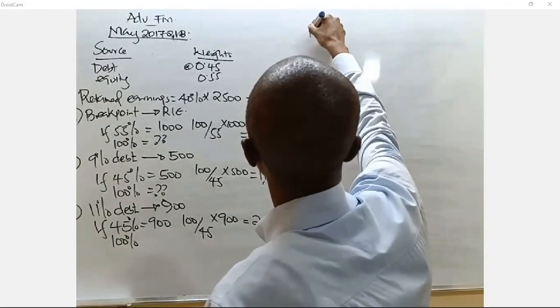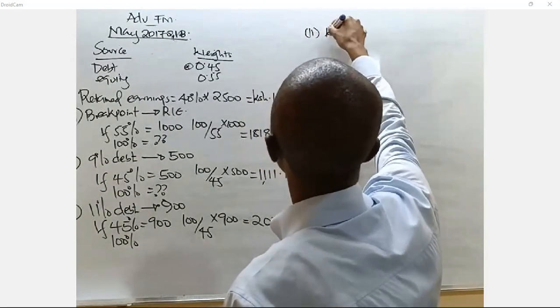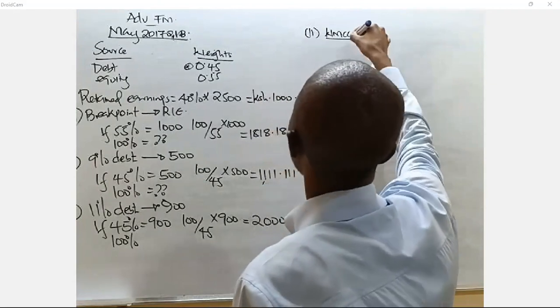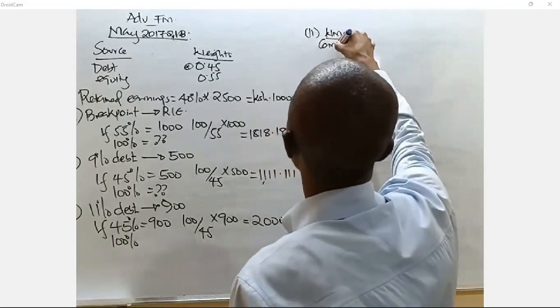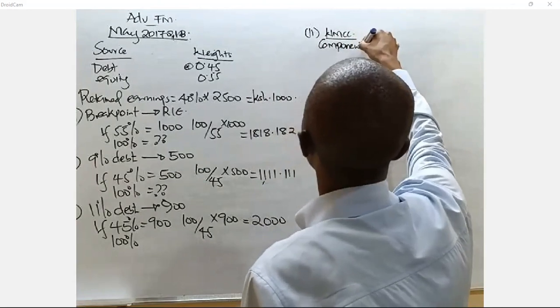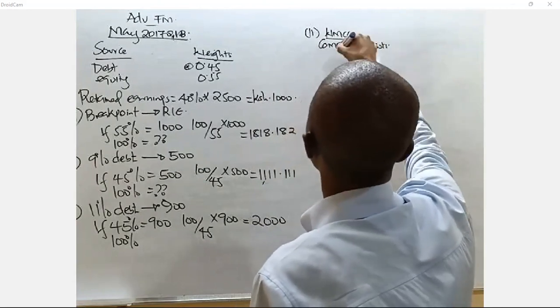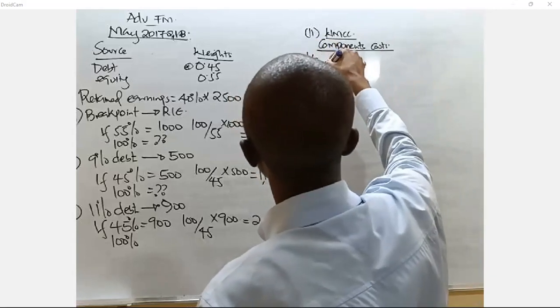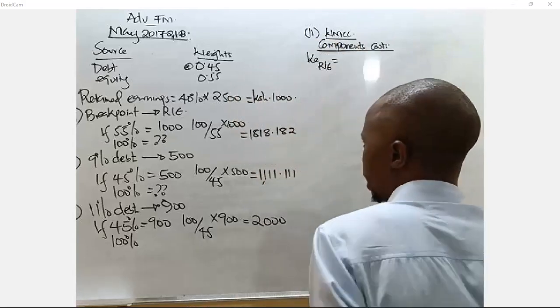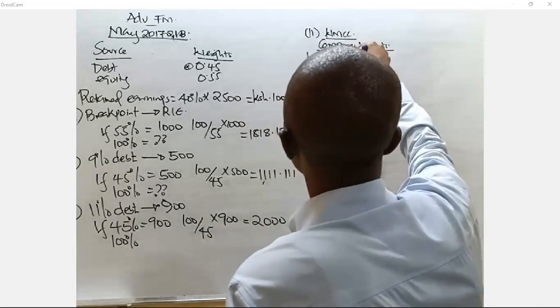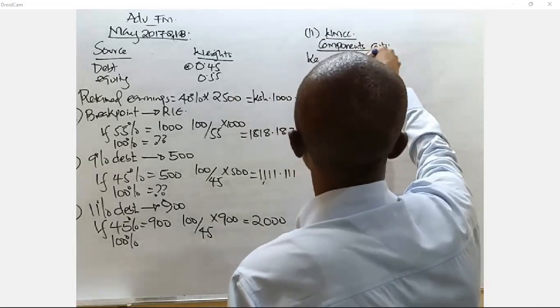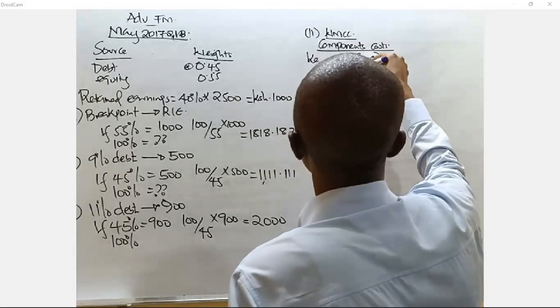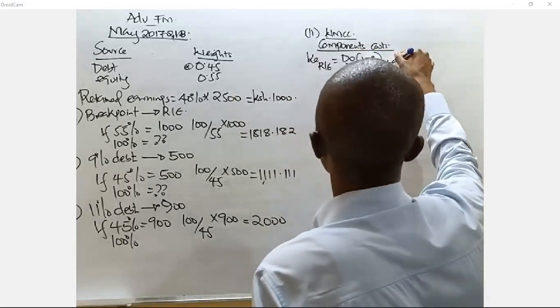So number 2, we are looking at the computation for WMCC. We said, if you want to calculate the WMCC, start with the component costs. Start with the cost of equity of the retained earnings: you take D0 (1 plus g), divide by P0 minus D, which is the discount, plus the growth rate.